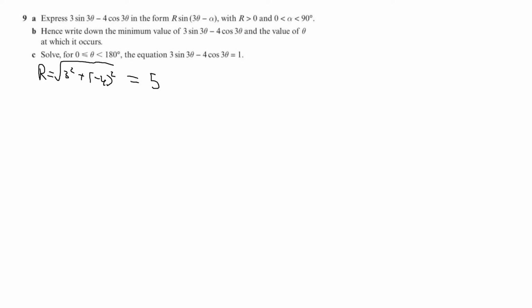Okay? Now, what do you notice about this 5, this 4, and this 3? Exactly, it's a Pythagorean triple. Which means if you want to, you can pop it on a graph. This is going to be 5, and then because this is cos, this is just going to be minus 4 here.